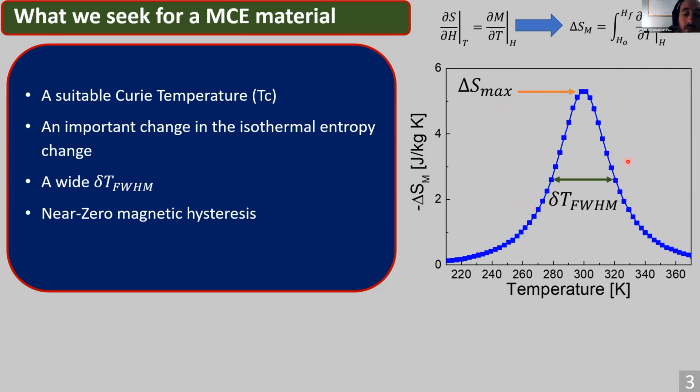This represents the temperature range where the magnetocaloric effect is important for this material. It's also like the temperature range where a magnetic refrigerator could work with this kind of material. And as you are going to work with magnetization and magnetization cycling, you need to minimize the magnetic hysteresis.